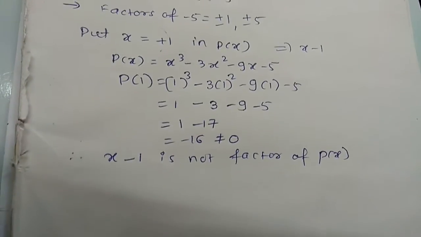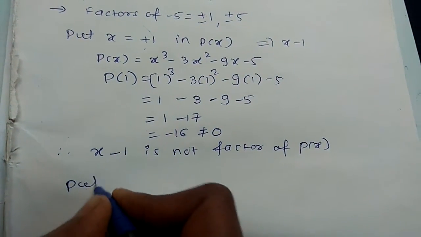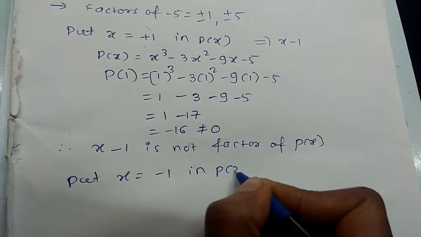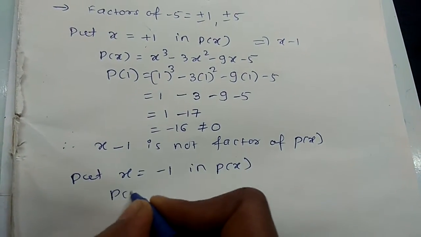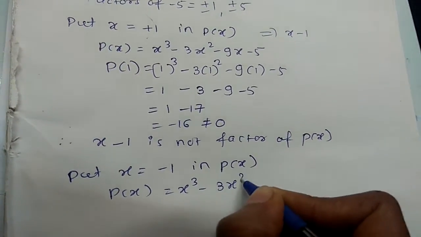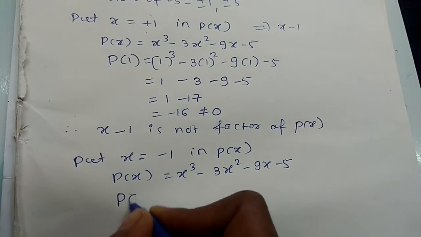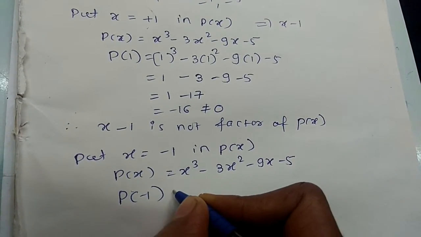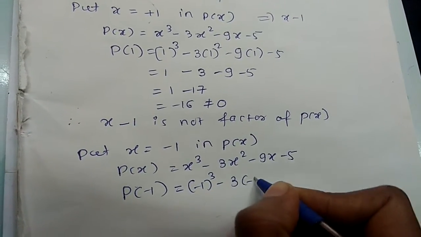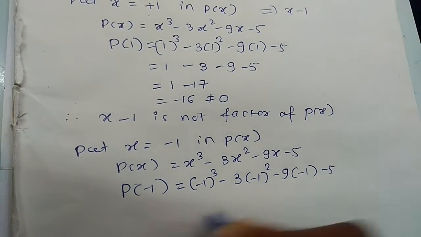Next we'll check for minus 1. So put x equals minus 1 in p of x. Our p of x is x cube minus 3x square minus 9x minus 5. So wherever there is x, you have to put minus 1. That equals minus 1 cube minus 3 into minus 1 square minus 9 into minus 1 minus 5.